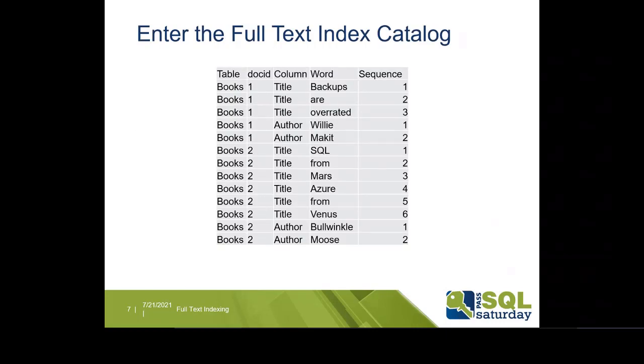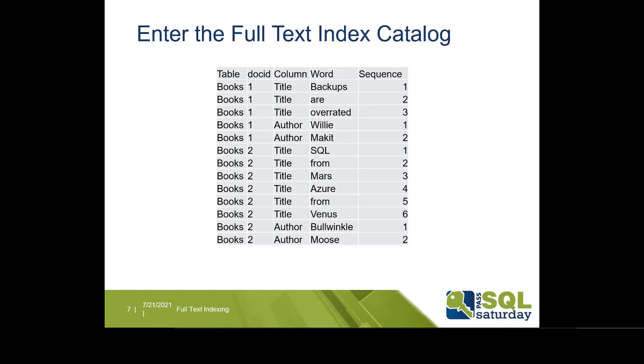So enter the full text catalog. The full text catalog would look something like this. When we bring in the full text indexing service, it makes a table. That table is called a catalog. And in that catalog table, every word gets its own row. Now, this isn't a table that we can see in SSMS. It won't be listed in the table listing. We can't query it directly, but it sort of exists in this thing we call a catalog.